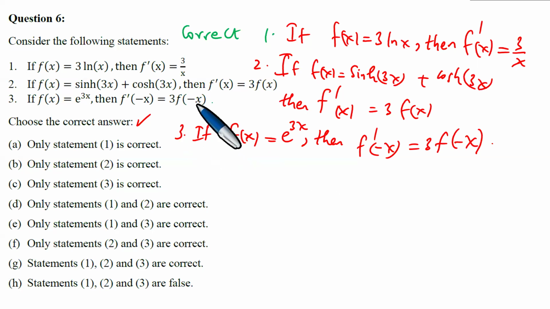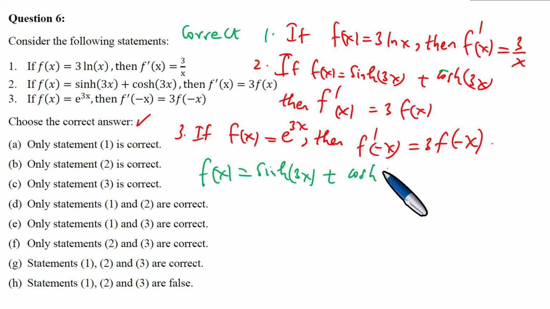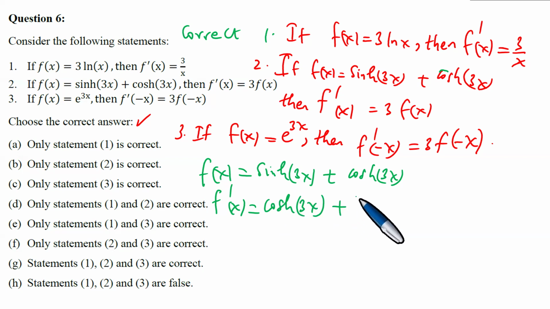Let's check it out. If you have f of x equals the hyperbolic sine of 3x plus the hyperbolic cosine of 3x, then the derivative is 3 times that. Start with f of x, the sinh of 3x plus the cosh of 3x. Now f prime of x: the derivative of the hyperbolic sine is the cosh, and the derivative of the cosh is the hyperbolic sine.